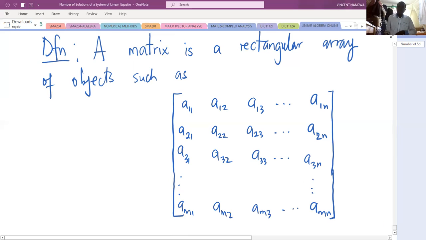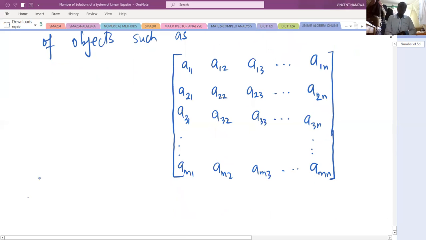So, notation, or representation of matrices.